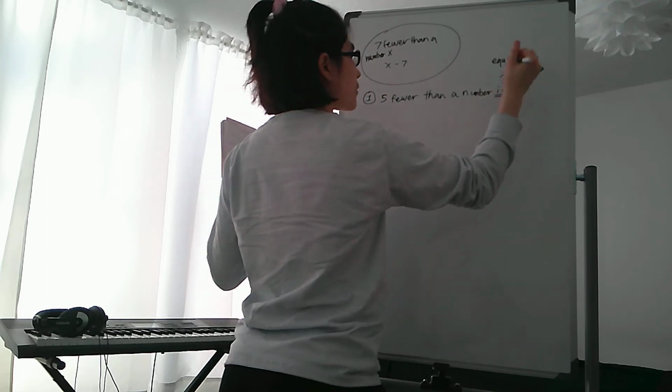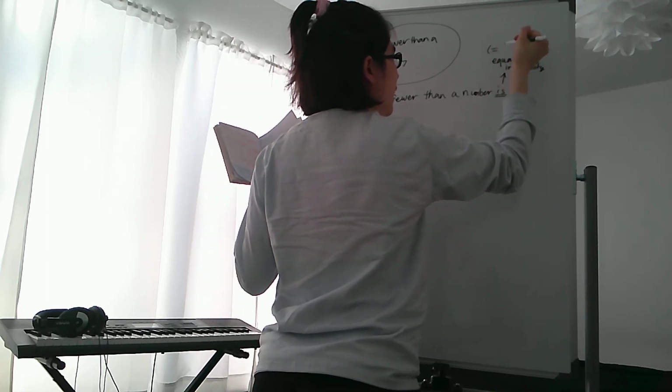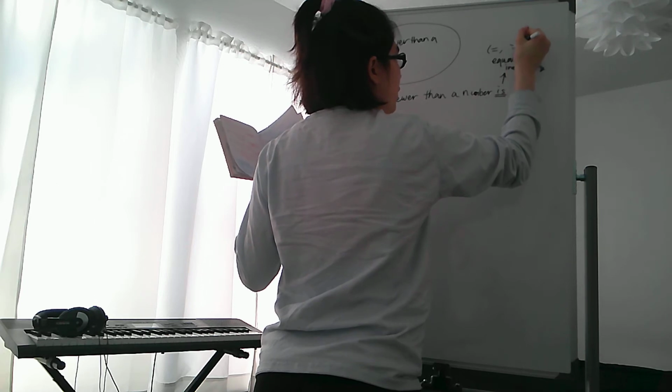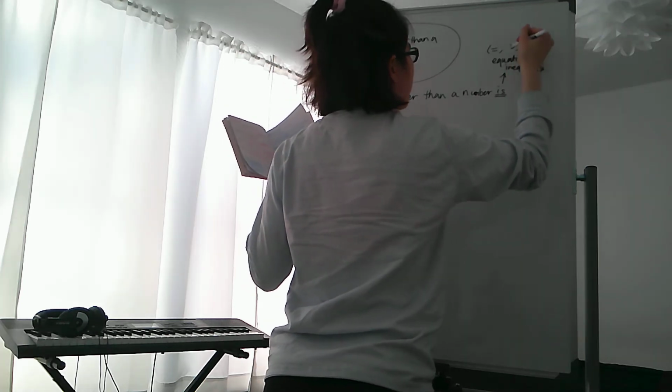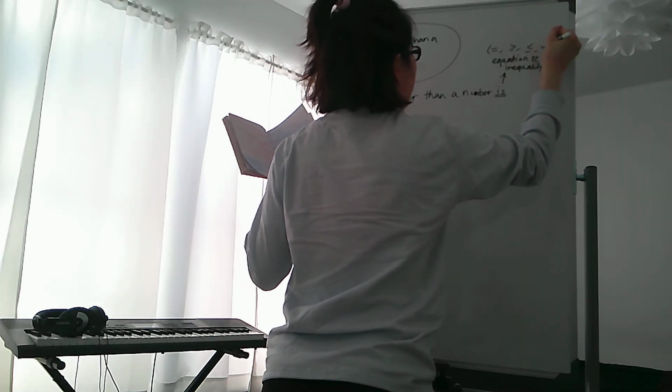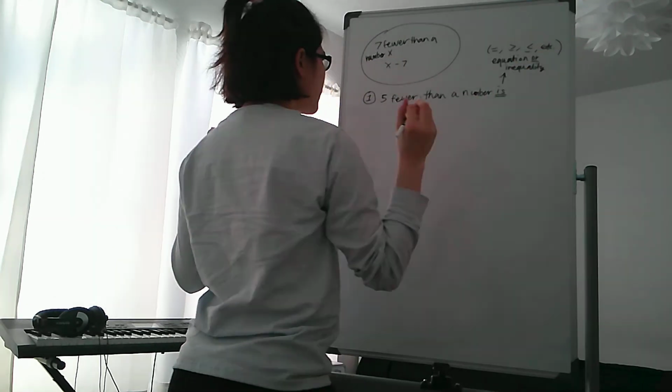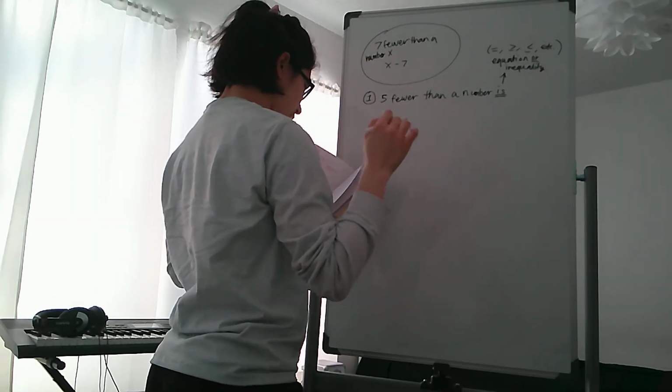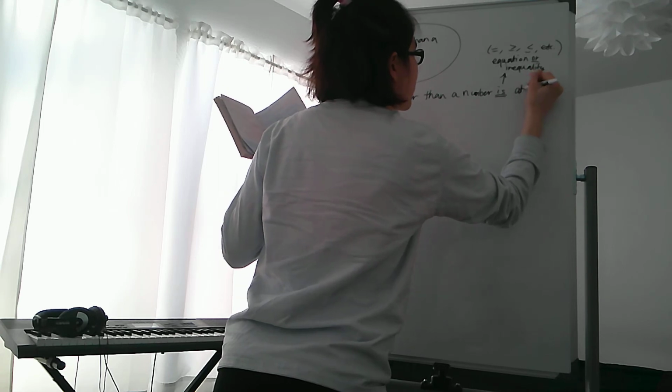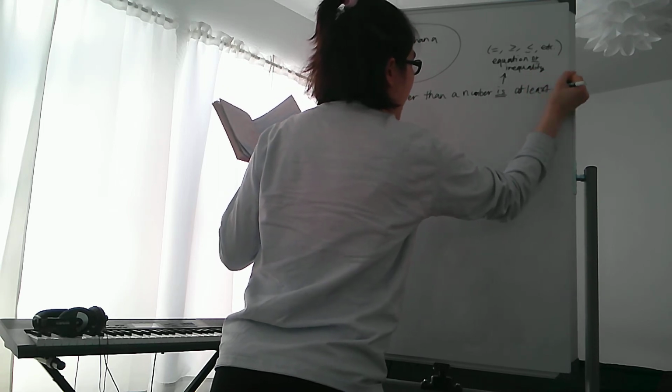So this is going to mean you're going to use an equal sign or greater than or equal to, or something like that, etc. So, in this example, 5 fewer than a number is at least 12, okay, at least 12.